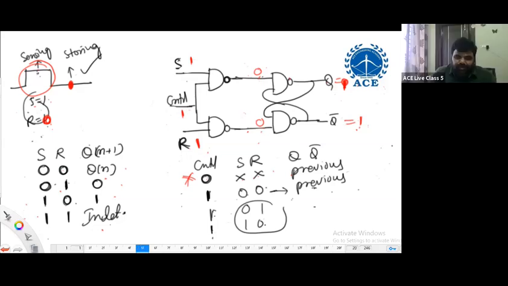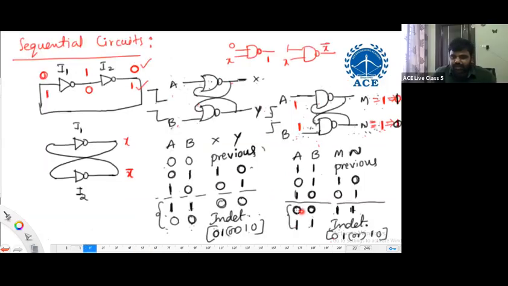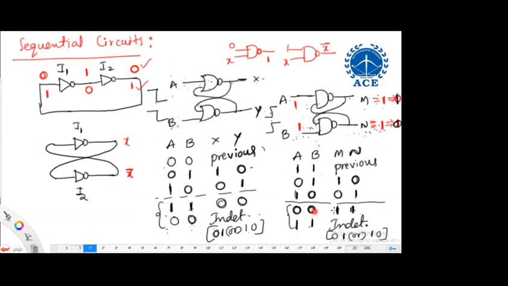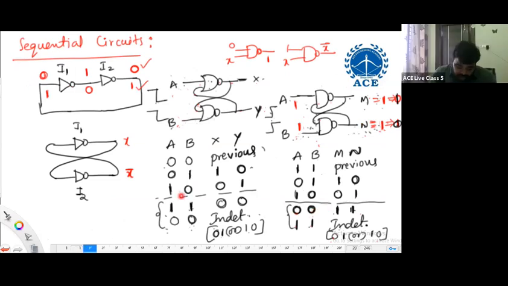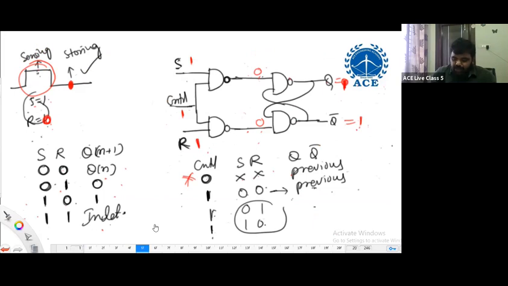Why are you getting confused? Q is 0 and Q bar is 0, so 0, 0 is there. No, the bar is just our naming convention. It is not compulsory to have Q and Q bar. We are expecting Q and Q bar to be complementary, but in this condition we are getting uncomplementary outputs. That is the reason we are having a problem with this.